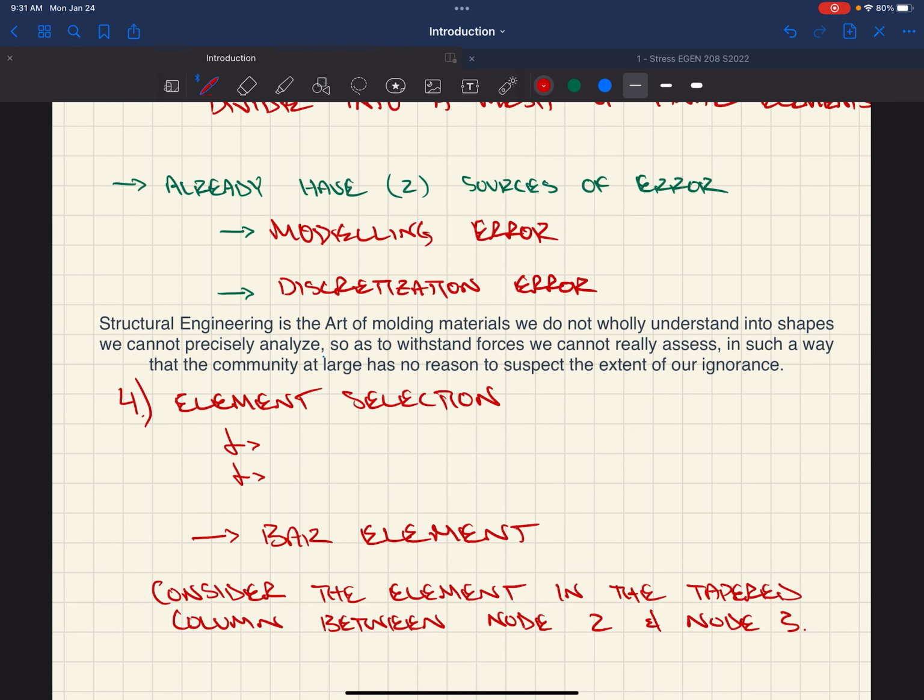And so in our case, when we're selecting an element, we would want an element that follows our uniaxial assumption, and that provides us with axial displacement and stress. Right, these are our desired outcomes.